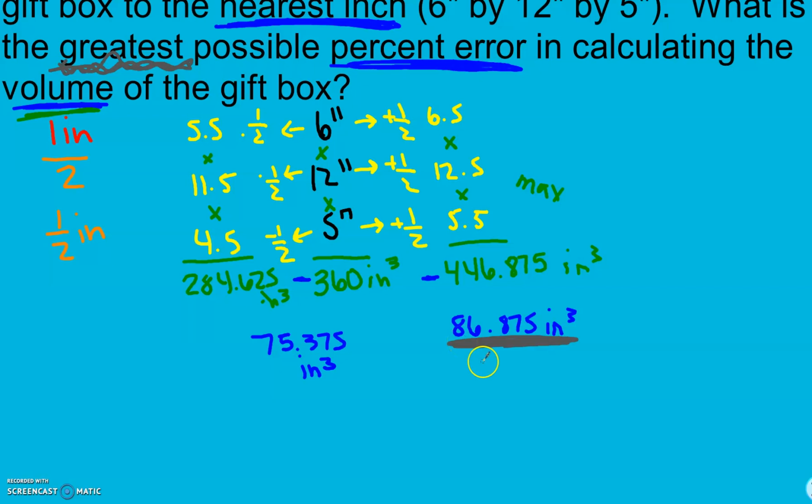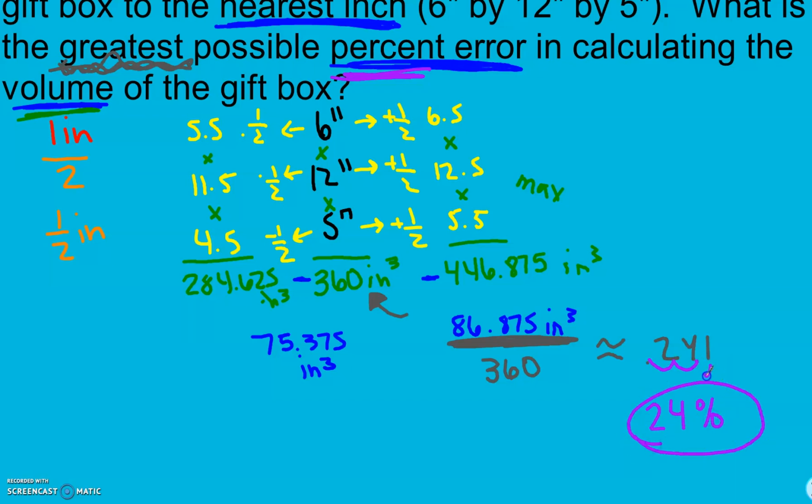We divide it by our measured, which here we're treating like our actual because that's what we're comparing it to. When I divide there, I get approximately 0.241. We want this as a percent error, so I move it 2 places, and it's about 24.1%.